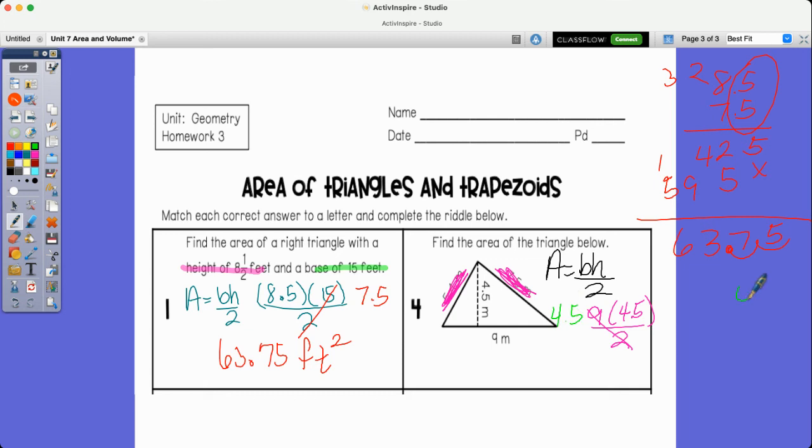So now I have 4.5 times 4.5. Doing some math magic. 2 decimal places. And my area is 20.25 meters squared for this answer.